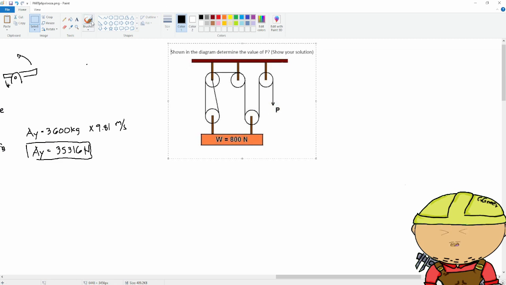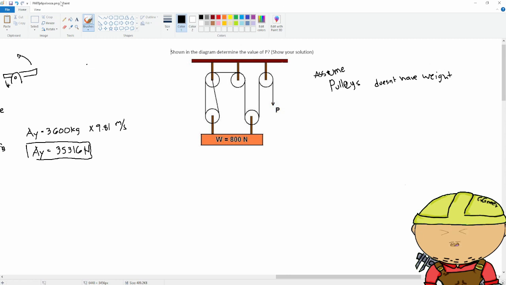Okay, shown in the diagram below, determine the value of P shown in your solution. So, first, assume the pulleys don't have any weight, because there's no other given. The wires don't have weight either, right?